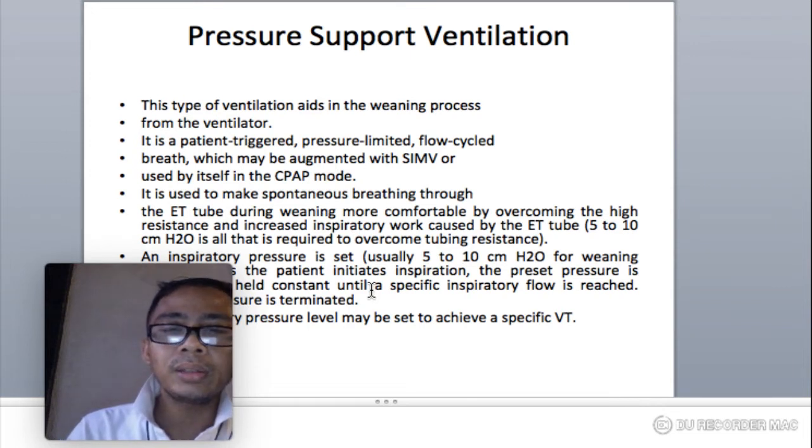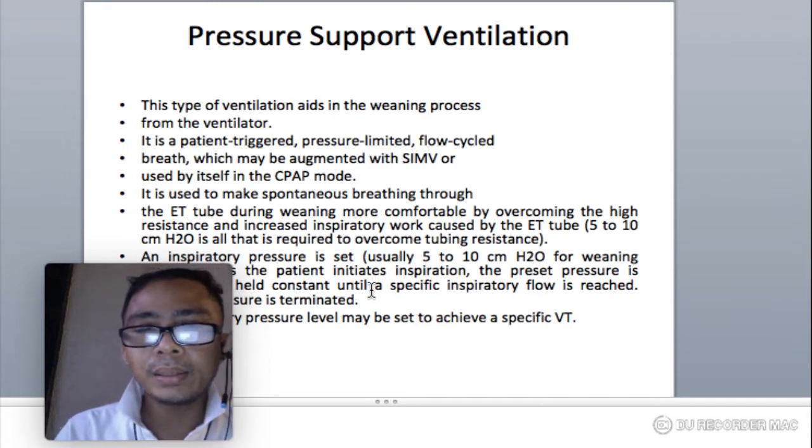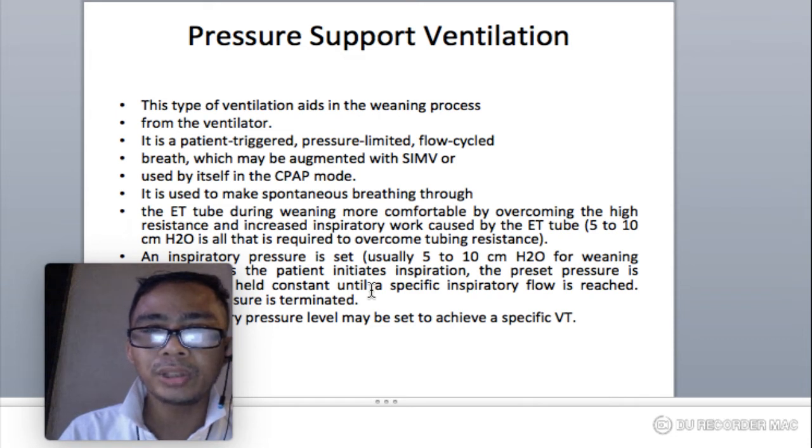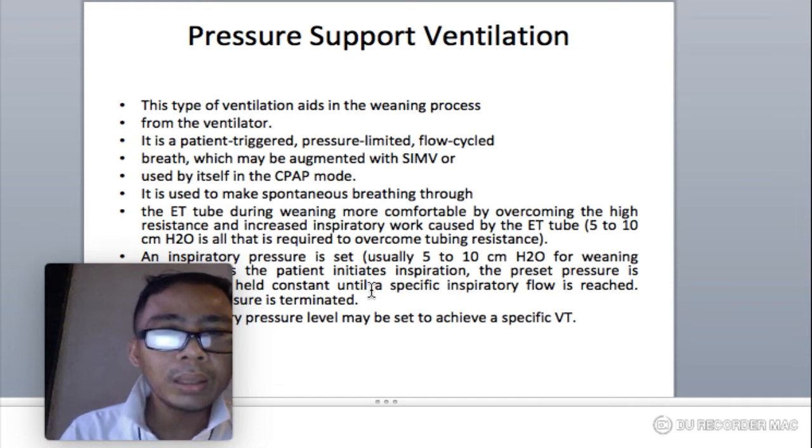Because in your ventilator, sometimes in an assist control mode, the patient is breathing mechanically, or it is an assisted breath. That is not good, because all the breathing effort of the patient is assisted by the mechanical ventilator. So in the weaning process, you are helping the patient to breathe on his own. This means that the patient is initiating his own spontaneous breath, his own work of breathing, his own effort of breathing.